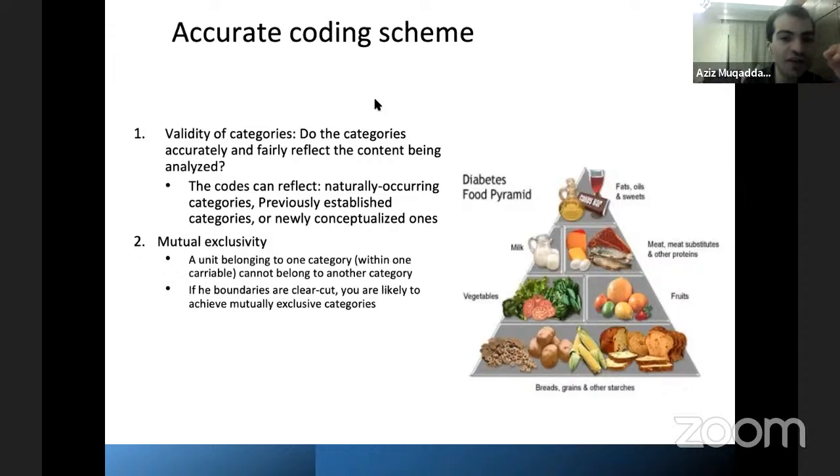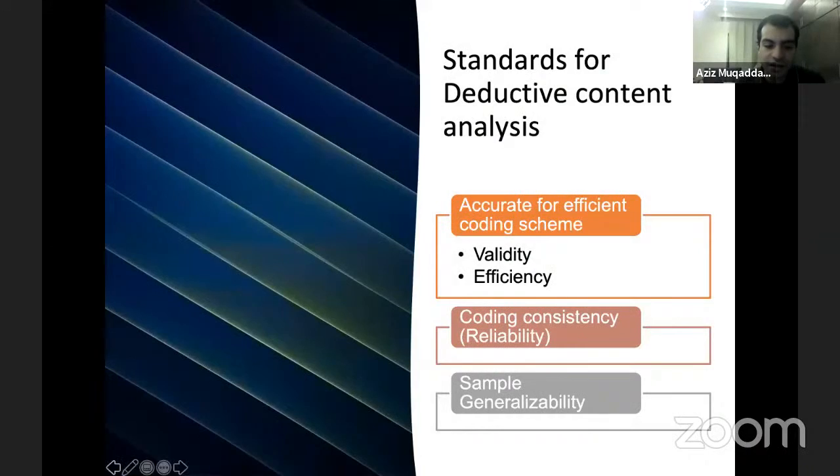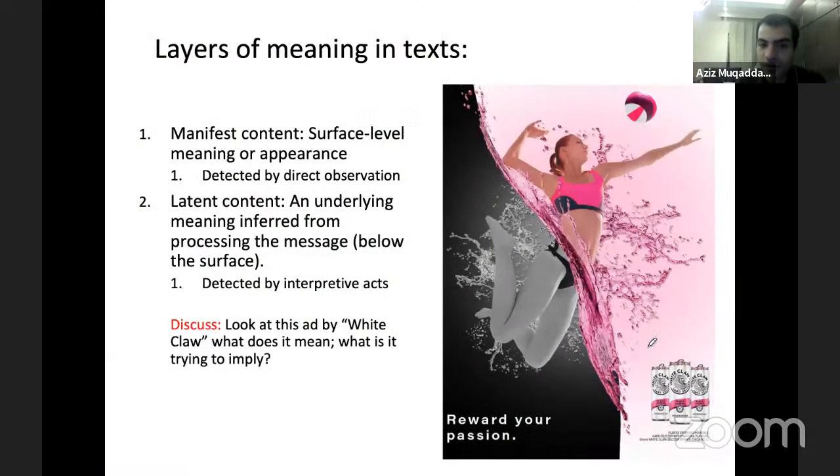And here, there's no one way to establish it. There are different ways. Sometimes it's easiest when you're trying to reflect naturally occurring categories. For instance, if you're categorizing whether the film or the ad showed straight couples, LGBT couples, or a mixture of both, these occur in society.